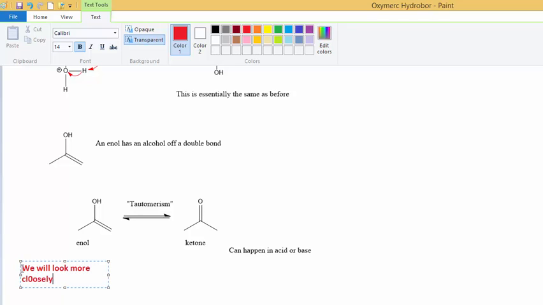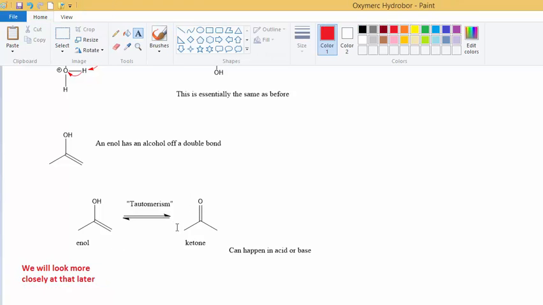We will look more closely at that later. Tautomerism is super important, especially in any reactions involving carbonyl compounds, but at this point I think we'd be getting ahead of ourselves if we took a close look at it. One of the frustrating parts about organic chemistry is that a lot of it won't make sense until you've seen everything.